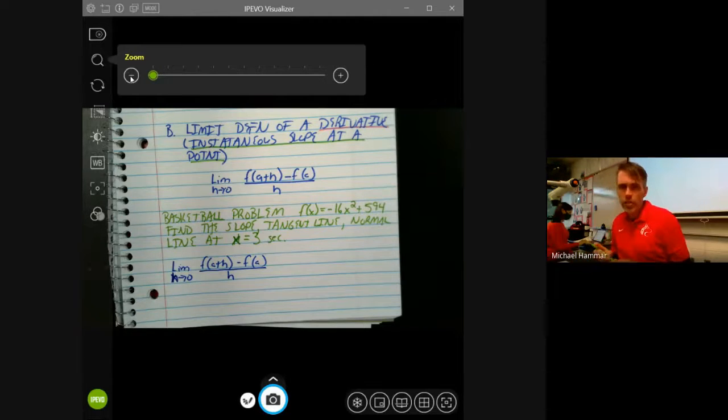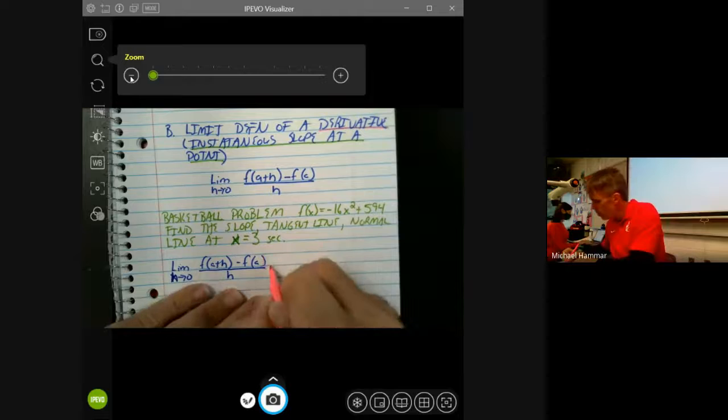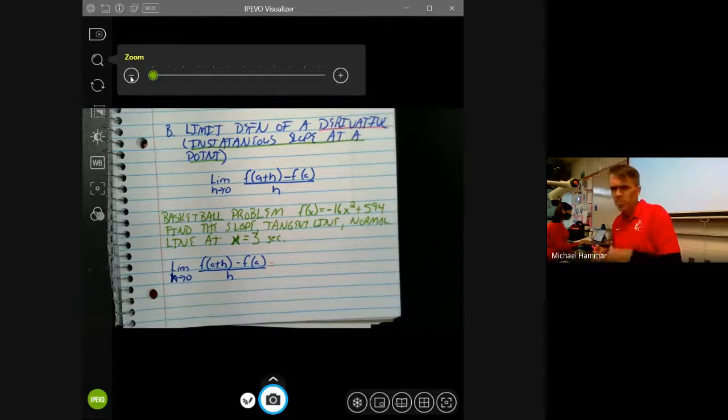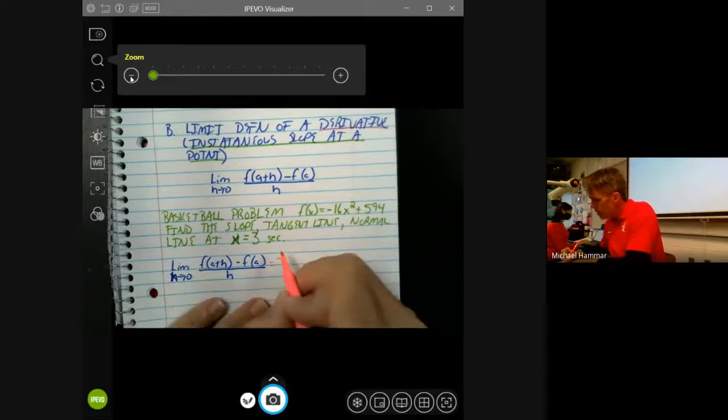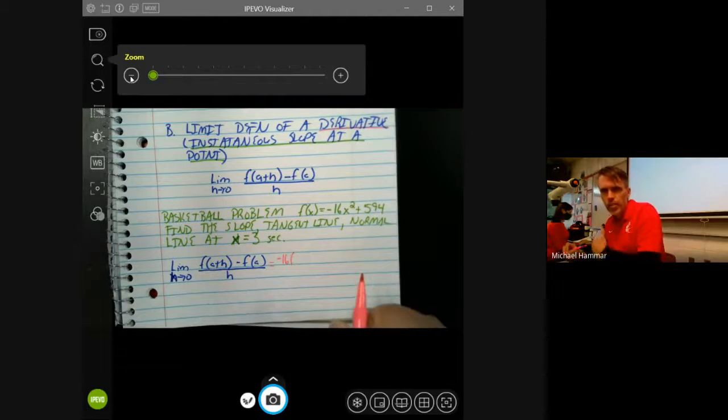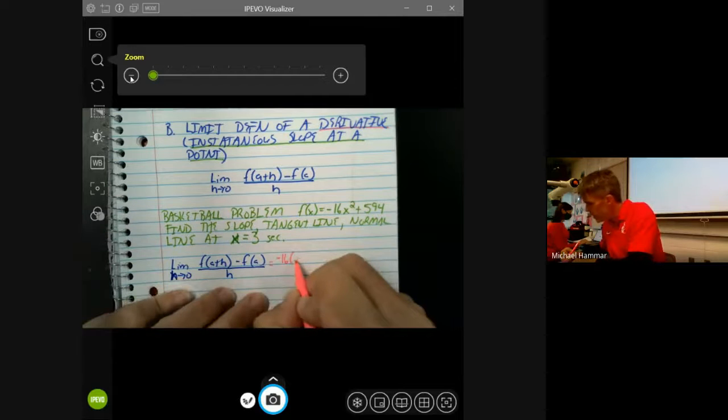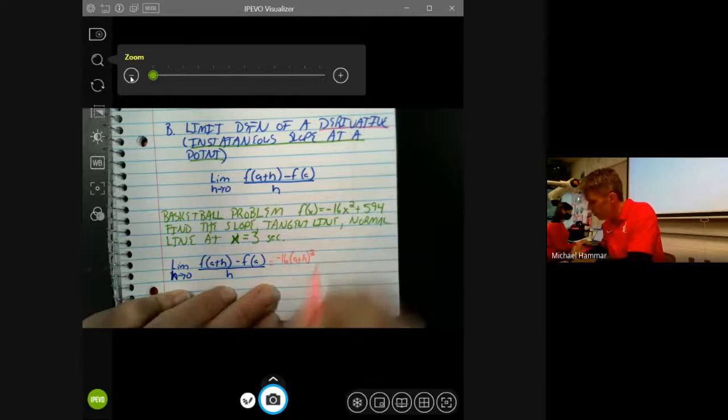So in our case, our function is negative 16 x squared plus 594. So here's what we have to do. We are going to find f of a plus h. So remember, in function notation, wherever there's an x, you have to substitute that value in. So it's negative 16 times (a plus h) squared plus 594.